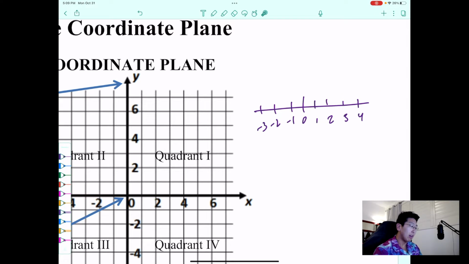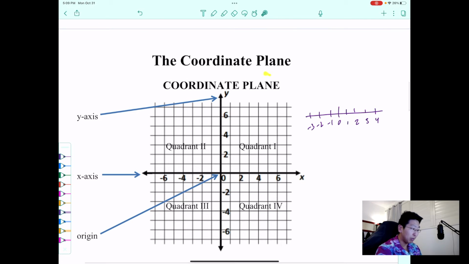Now, the reason why this is called a coordinate plane is because now we have something called the y-axis. This is actually the most important thing that you're going to be learning, because you need to know that your y-axis is new. Think about how you've learned. When we started learning about numbers, we always learned on a horizontal number line, which goes left and right.